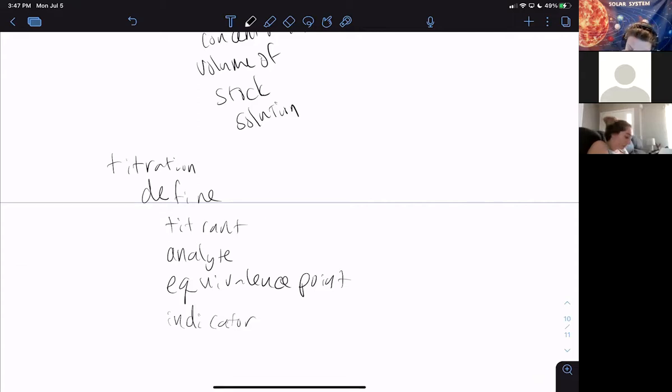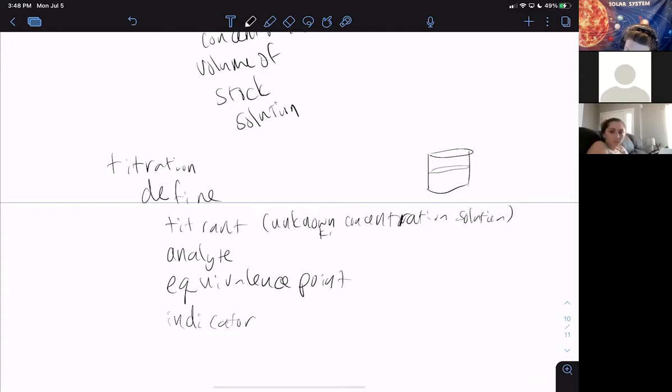So titrant, that's our unknown concentration solution. So in a titration, we have a set volume of that. So it has a known volume. And we're trying to determine the concentration of a titrant.